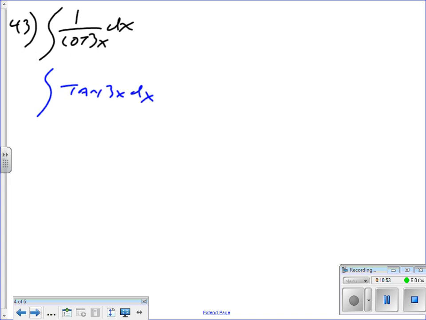And then the other thing you're going to do: do I have an antiderivative for the tangent? No. But can I rewrite the tangent? Yeah. It's the integral of sine of 3x over cosine of 3x dx.